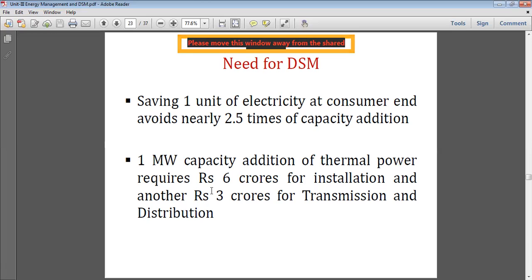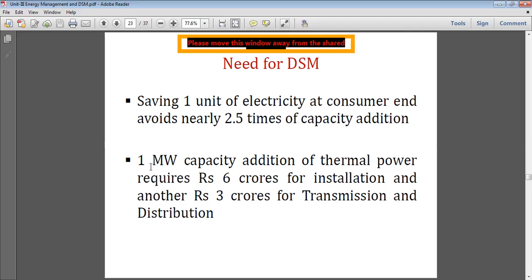Therefore, it is very advantageous to do energy conservation and energy management. If you conduct energy management, or make proper judicious use of electrical energy, definitely we can avoid this much investment in the installation.